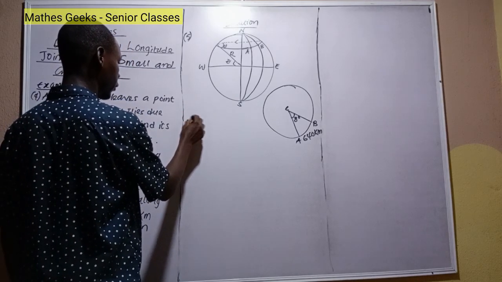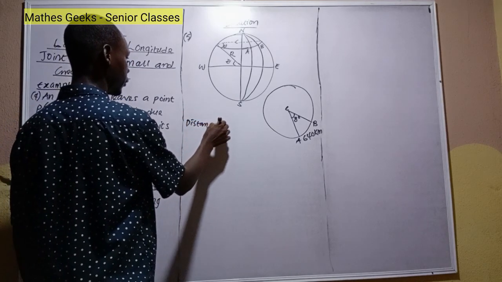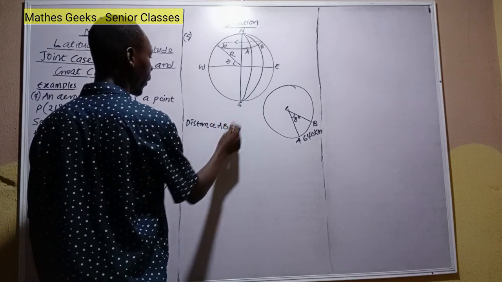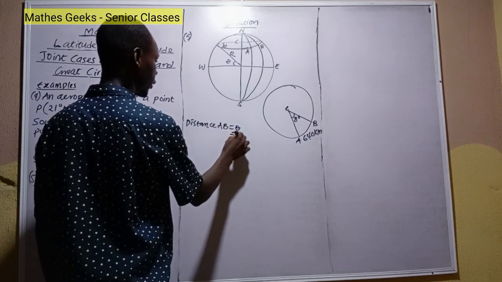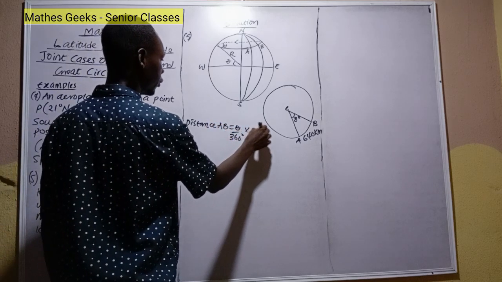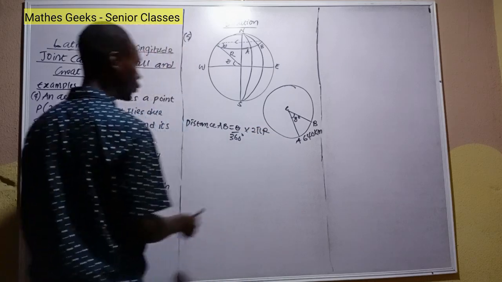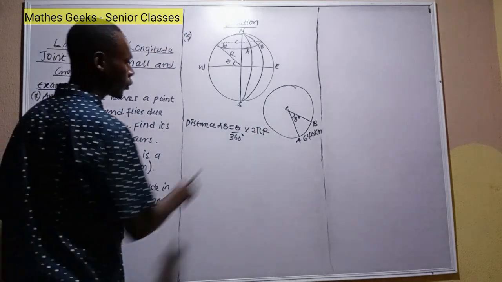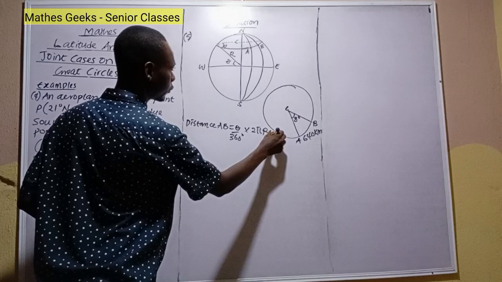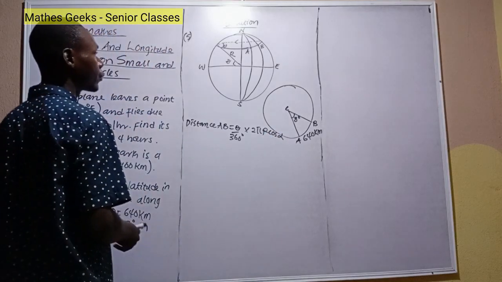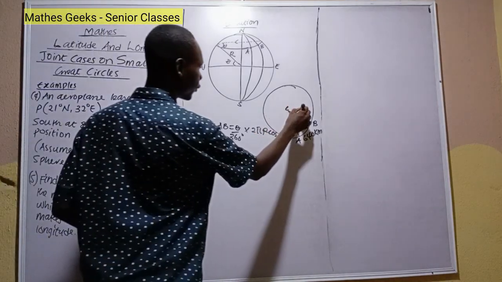So I'm going to say distance AB is equal to theta over 360 degrees times 2 pi r cos alpha. Here's the radius.